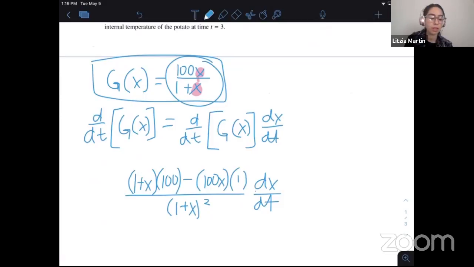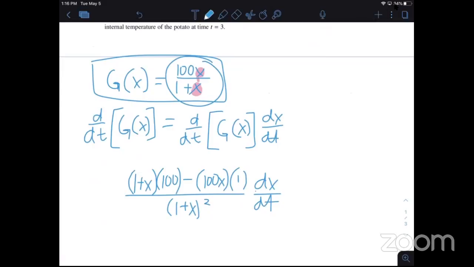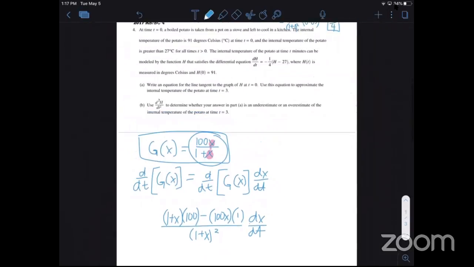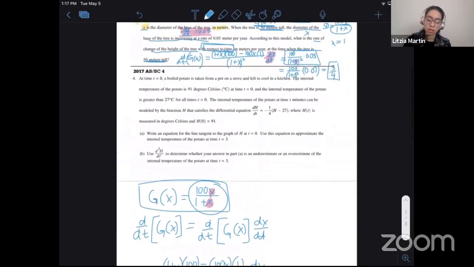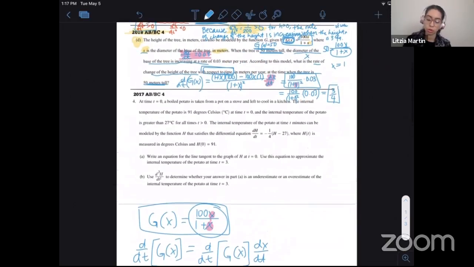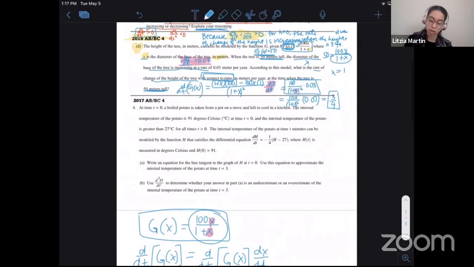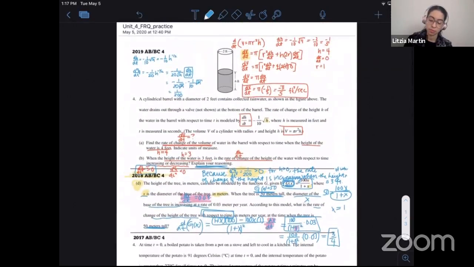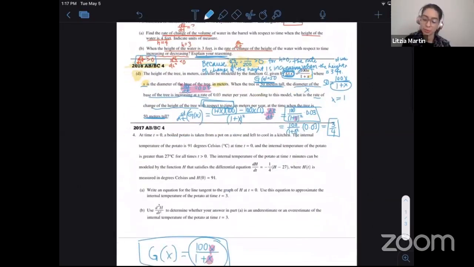Other questions on that? Okay. So that covers those first two problems that you see there. We have the next one about the boiled potato.